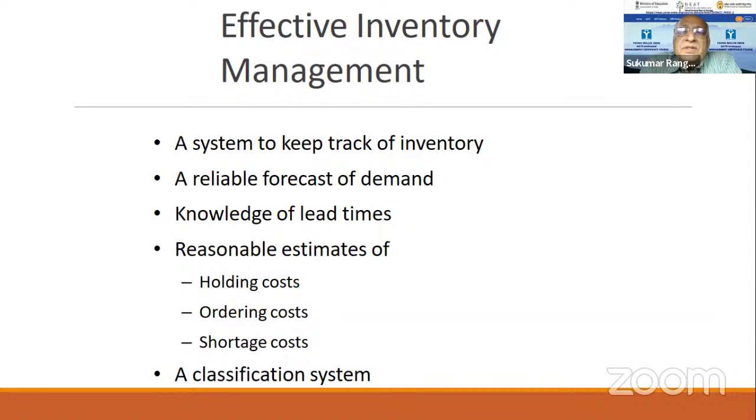So there has to be a system to keep track of the inventory, a reliable forecast of demand, knowledge of lead times, and reasonable estimates of holding costs, ordering costs, and shortage costs. All these three are important.